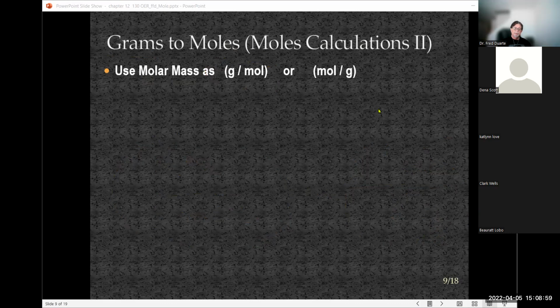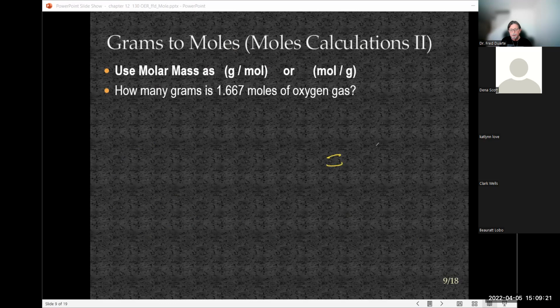So let's do some examples here. Here, the question is, how many grams is 1.667 moles of oxygen gas, okay? And so we write down, as with any of the problems that we've been doing up to this point, what we are looking for.